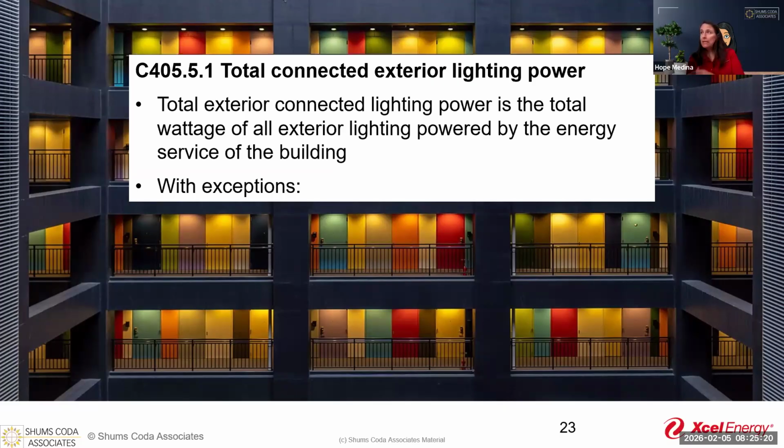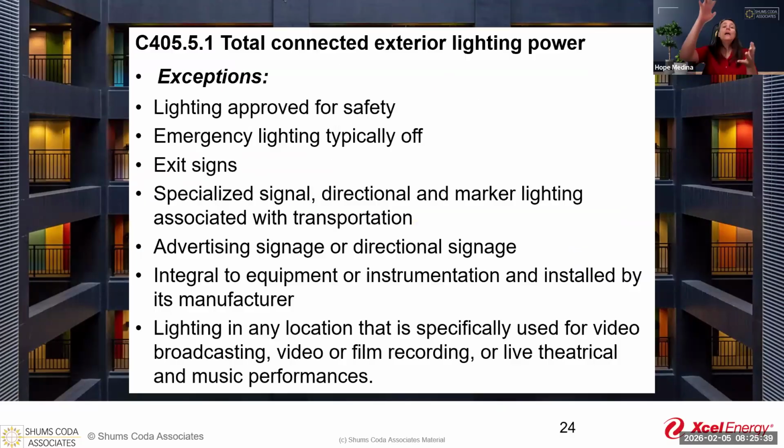Now, with that being said, it's set up a little bit differently than the interior, and we're going to go through that. But more importantly, there is a plethora of exceptions of types of exterior lighting that would not be included into these calculations. So here is some of the exceptions.